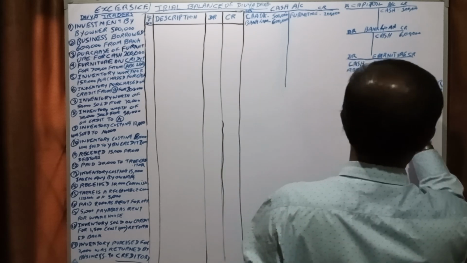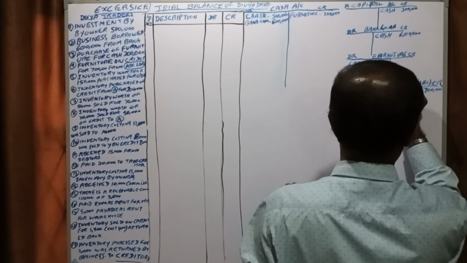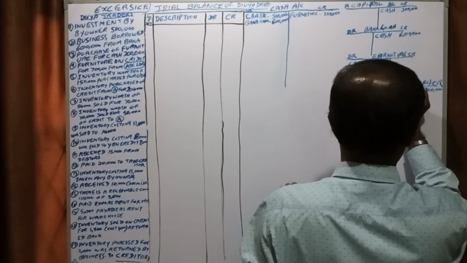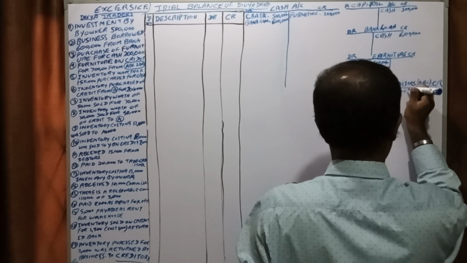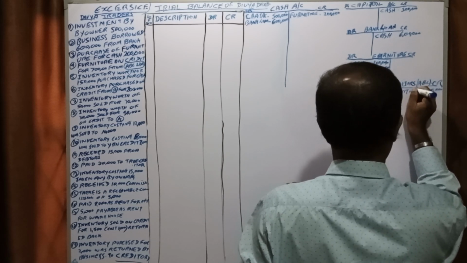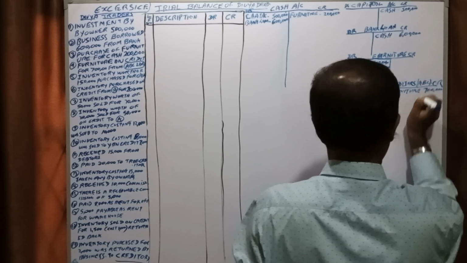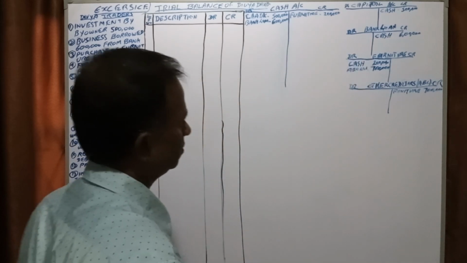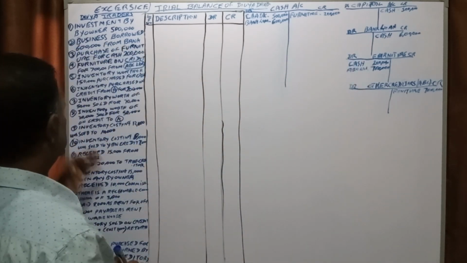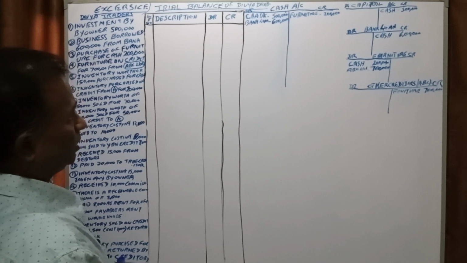This is the one. Here you will say furniture. And check. Okay. So double entry is over for number 4 adjustment.